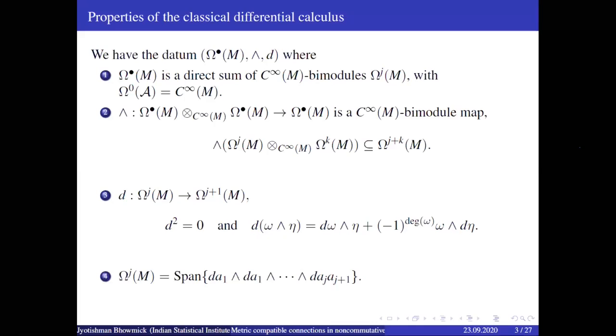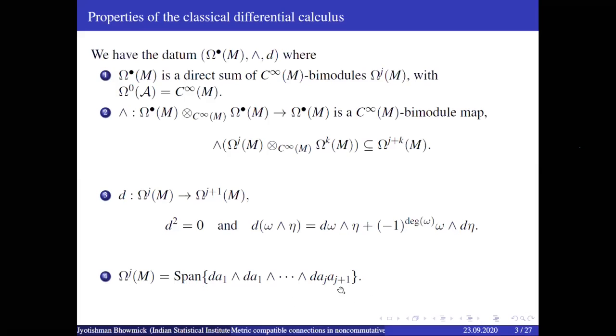And also I should mention that we have seen that the bimodule of J-forms, that is Omega J M, is the span of these. From here I am introducing a new convention. In the last slide I wrote the functions on the left, but from now on I will start to write the functions on the right.